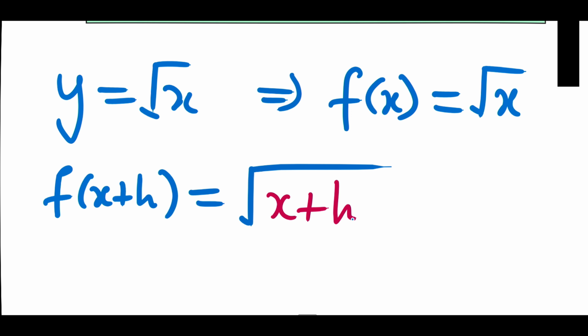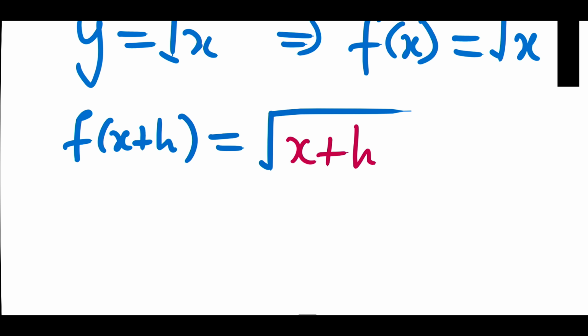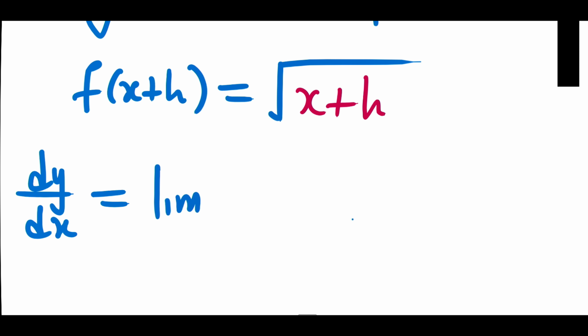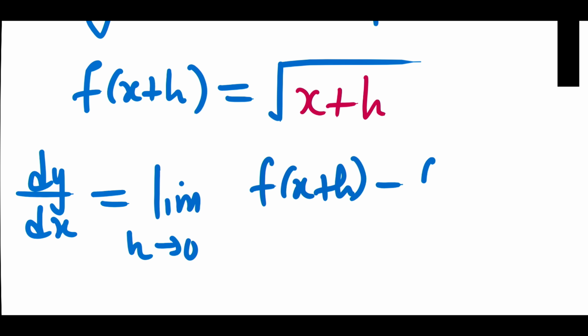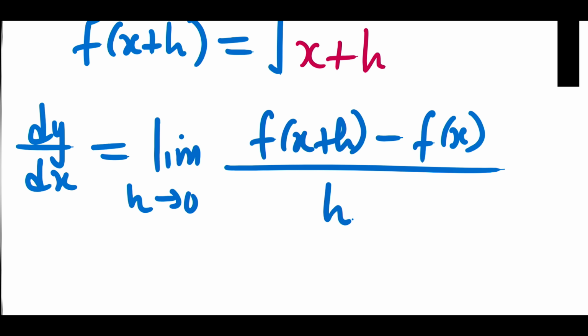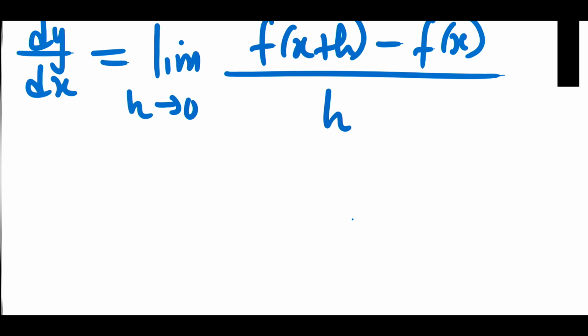So continue by putting out the formula, which is dy/dx is equal to the limit as h approaches 0 of f of x plus h minus f of x, which is the original function, all divided by h, which is a small change in the input.